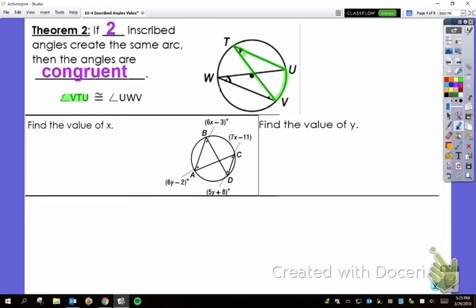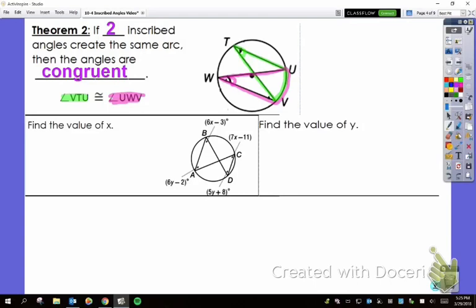The other angle we're talking about is angle UWV, W to V, and that angle also intercepts the same arc. So if they intercept the same arc, then they have to be the same measure, because you're going to divide by 2 and get the same thing for both.